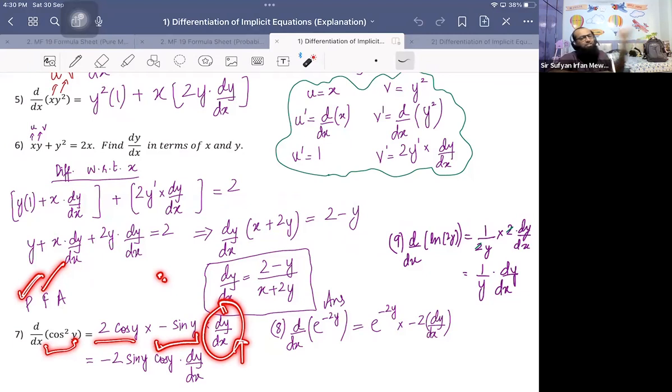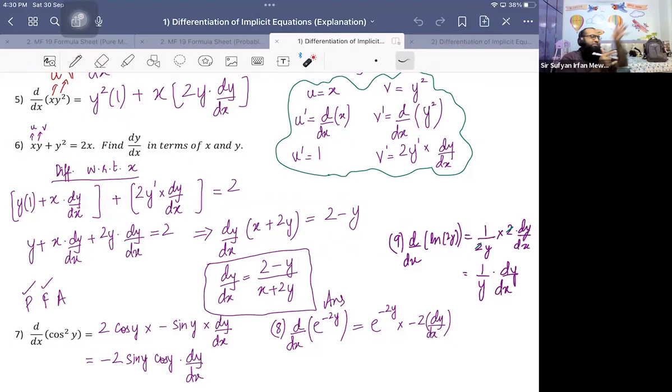And that is why we got dy by dx out of it. तो पूरा रूल लगेगा पावर, फंक्शन, एंगल. पहले पावर को डील करेंगे, प्रॉपर डील होगी. फंक्शन को डिफरेंशिएट करेंगे, प्रॉपर डिफरेंशिएट होगा. जब एंगल की बात आएगी, क्योंकि एंगल में y है, वो डिफरेंशिएट नहीं हो पाएगा, वहां से dy by dx मिल जाएगा. So cos square y is 2 cos y into minus sin y into dy by dx. And simplified to minus 2 sin y cos y dy by dx. This is the 7th example.